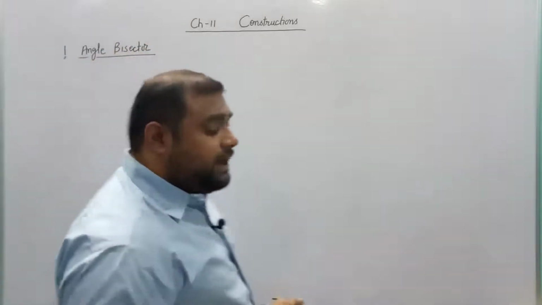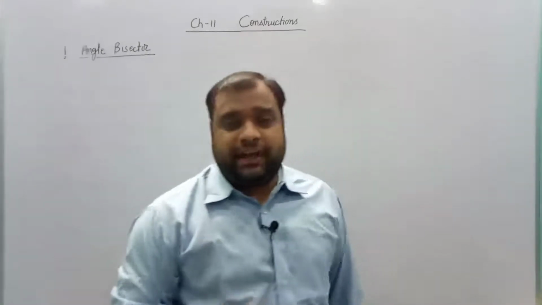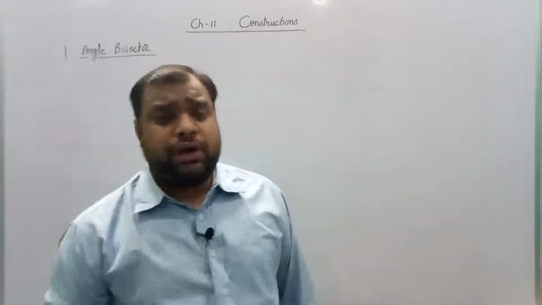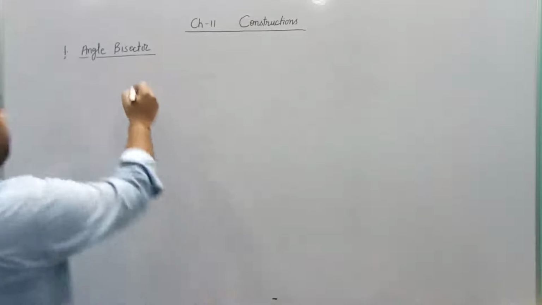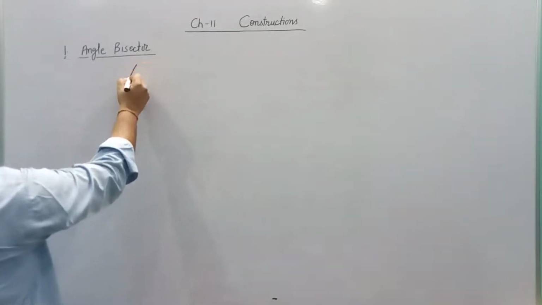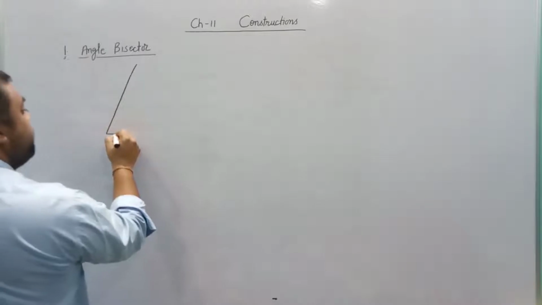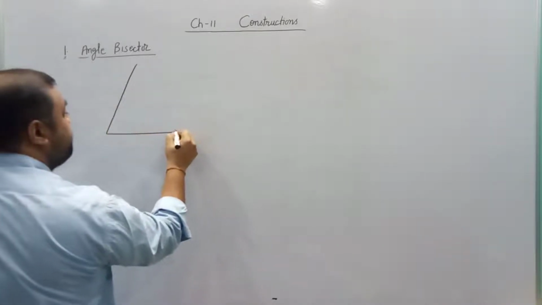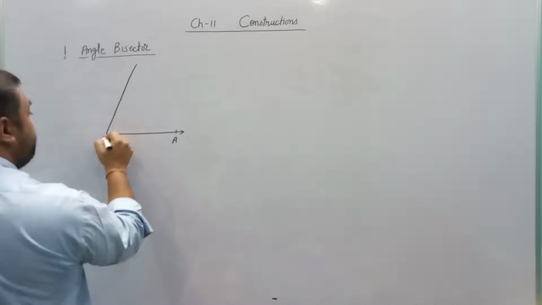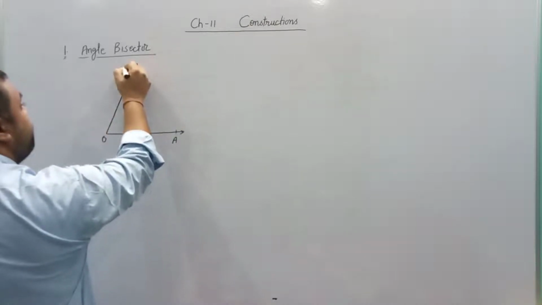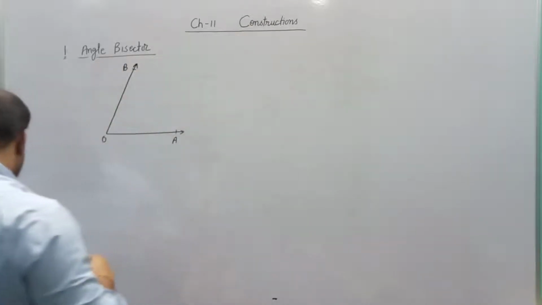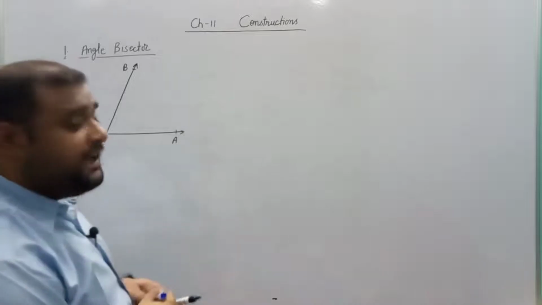How to construct an angle bisector of a given angle? Suppose we have an angle AOB. Now we have to construct its angle bisector.